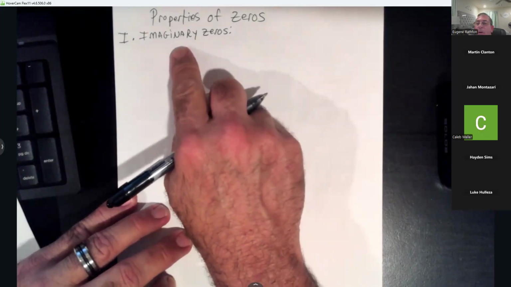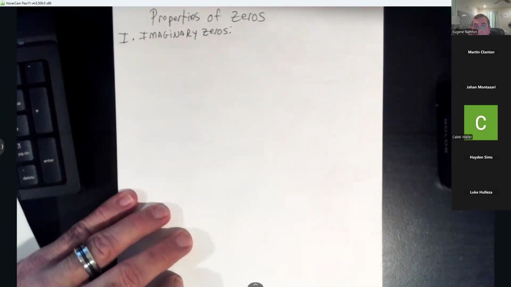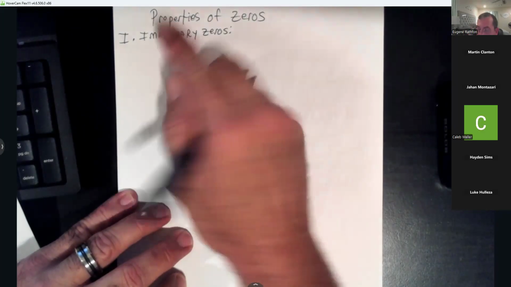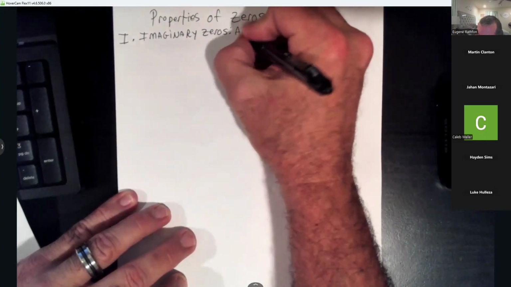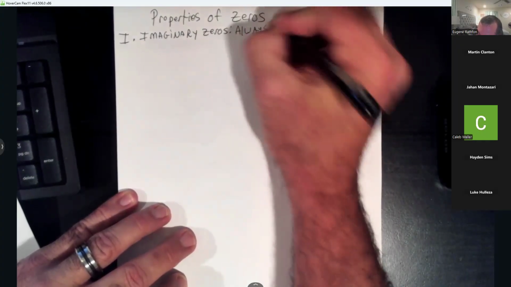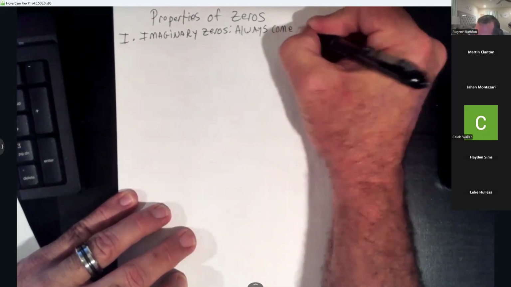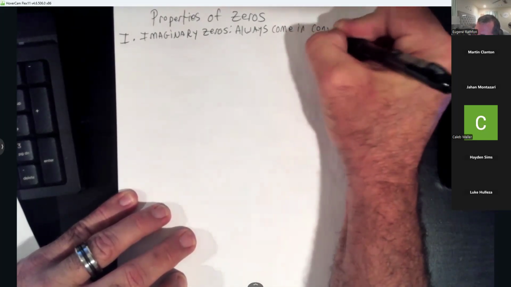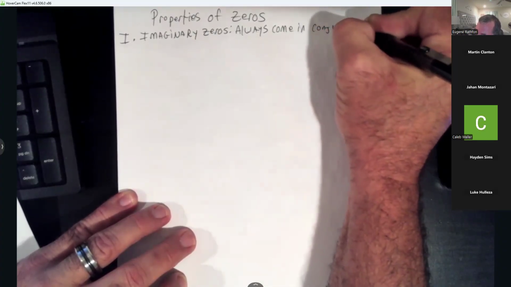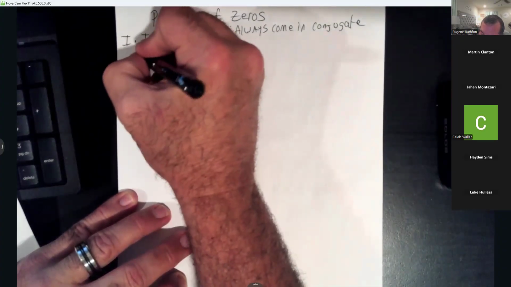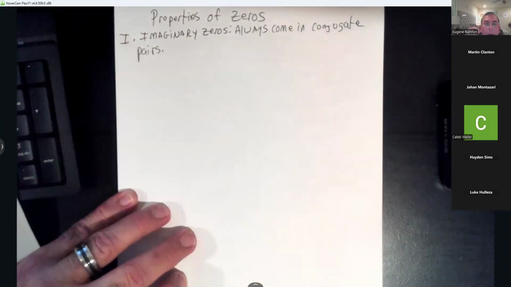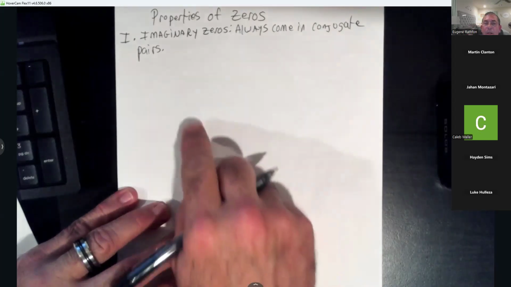Remember, imaginary zeros are the i, okay? So the thing about imaginary zeros is they always come in conjugate pairs. Okay, so they always come in conjugate pairs.